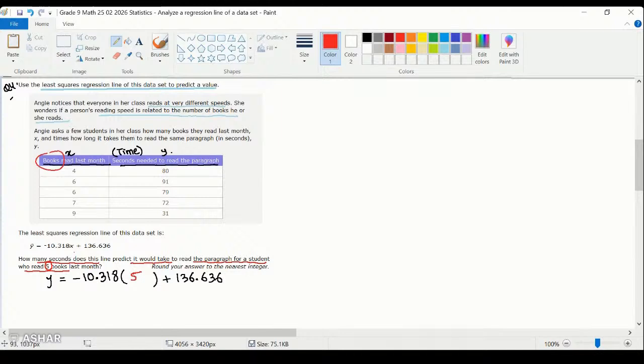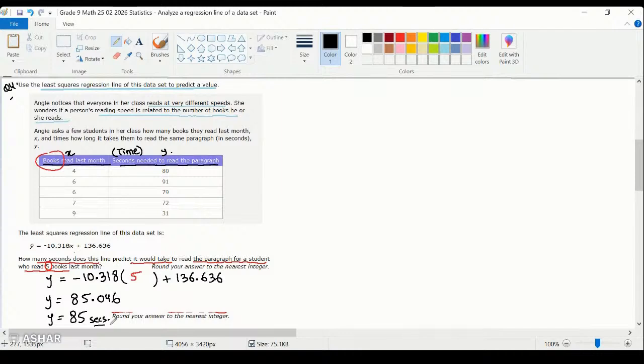And the final answer comes out to be y equals 85.046 seconds. We cannot keep 0.046, right? We had to round this answer to the nearest integer. Integer means whole number. That means the final answer would be 85.